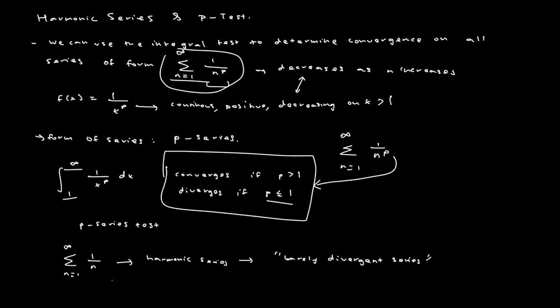In our harmonic series, p is equal to 1, but let's say we increase p by 10 to the power of negative 9. So we have p equal to 1 plus 10 to the power of negative 9. This converges just because p is now greater than 1. So because p equals 1 forms the border, the series that forms that border is the harmonic series, and it's also known as a barely divergent series because it's the slowest diverging series.